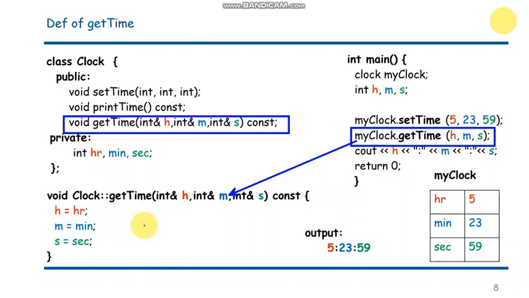When we get there, you will see that in the parameter list we have int address operator H, int address operator M, int address operator S. This means that what we are passing from the main program are the addresses of H, M, and S. We also have the word const here, which signifies that this get function is only going to get.